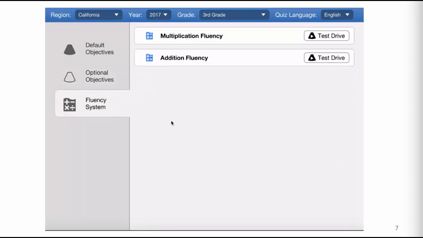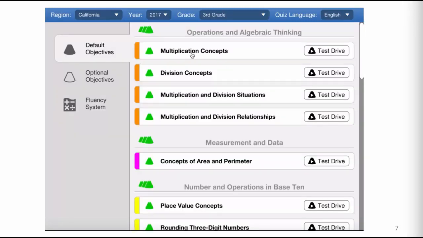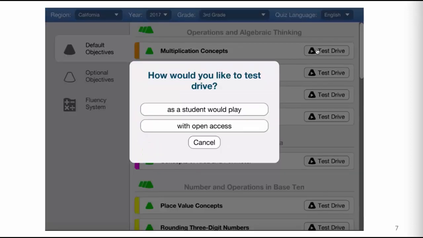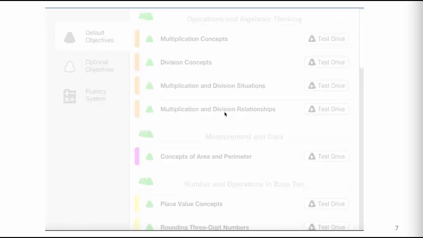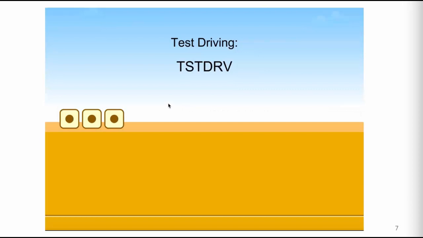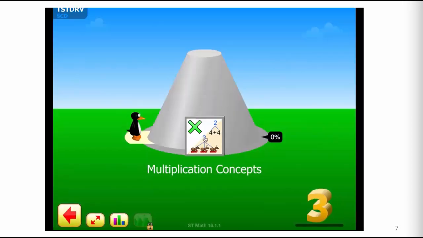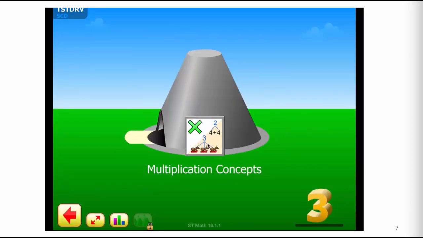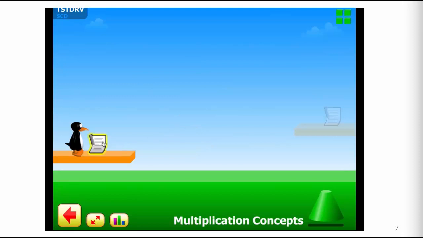STMath students start the game with a series of introductory games found under the Fluency tab. Students are then routed to the first objective of their assigned content. Before engaging in puzzles within each objective, students must complete what we call a pretest.